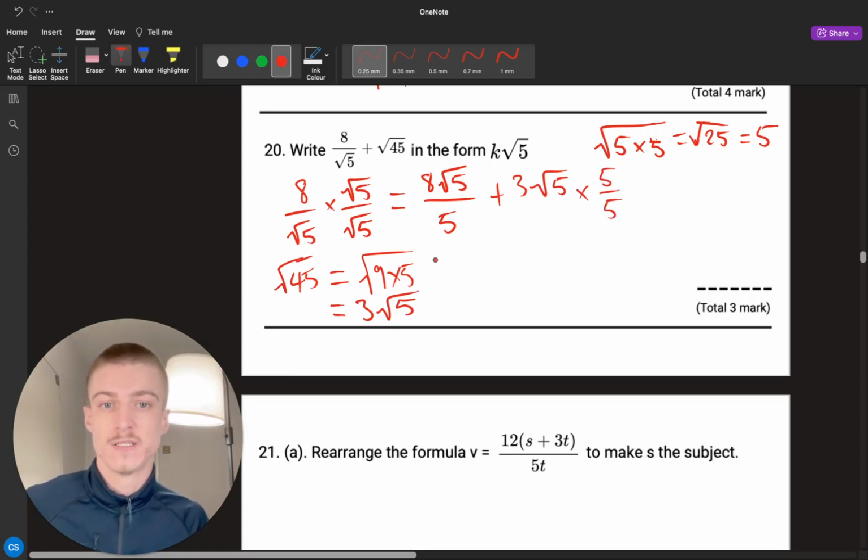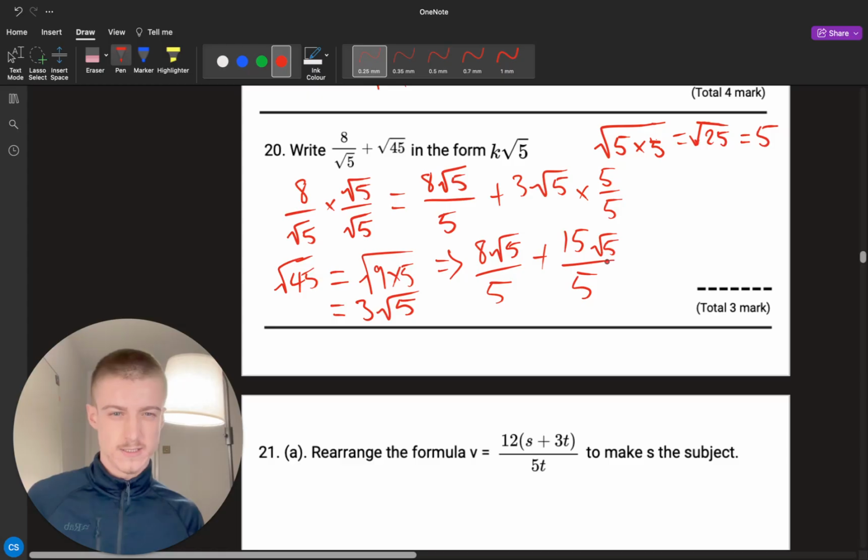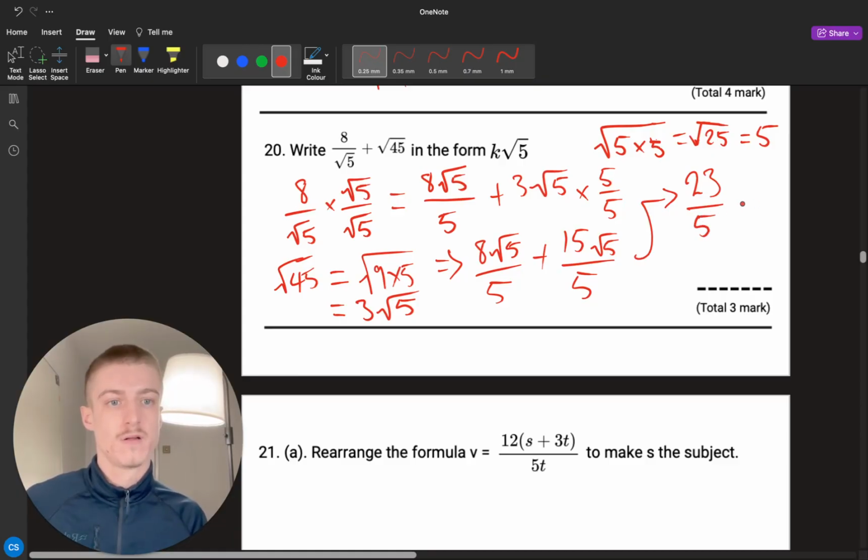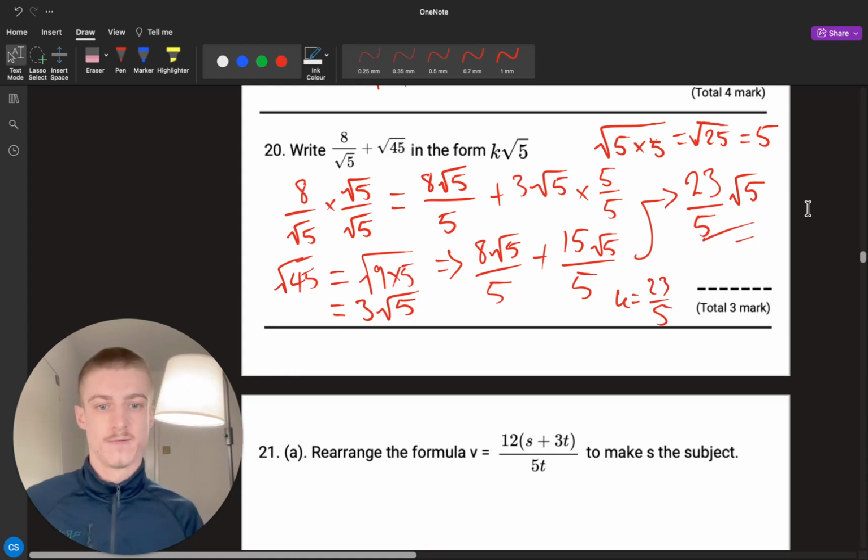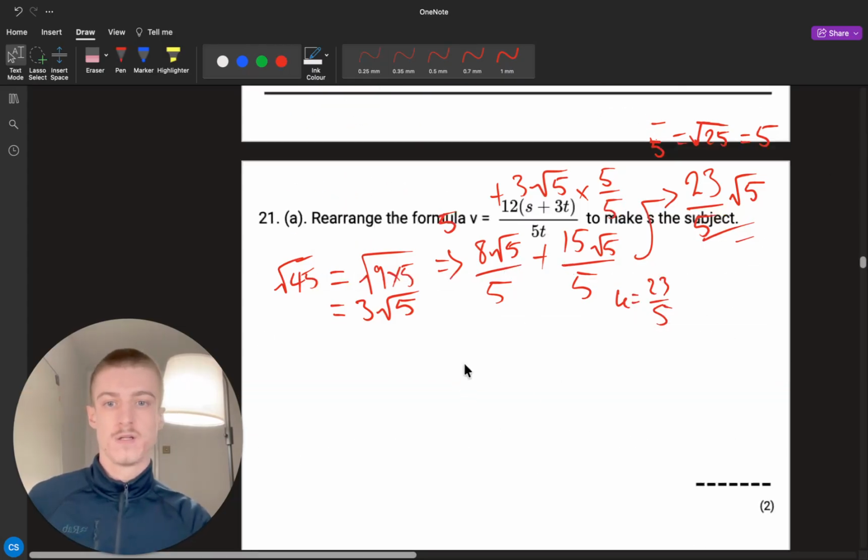That would give us 8 root 5 over 5 plus 15 root 5 over 5, and that would give us 23 over 5 root 5, where k is 23 over 5. Final answer. Okay.